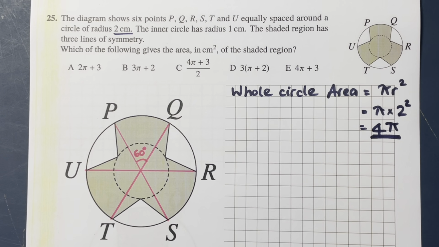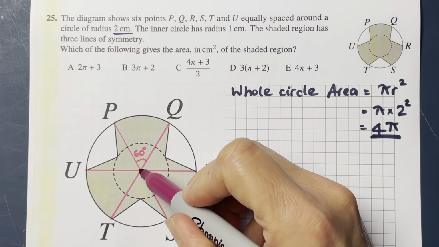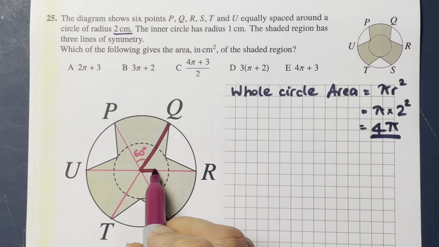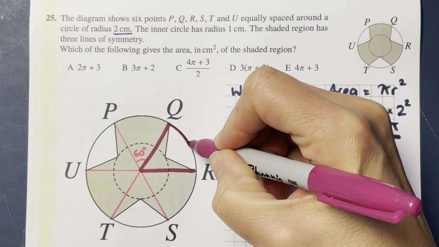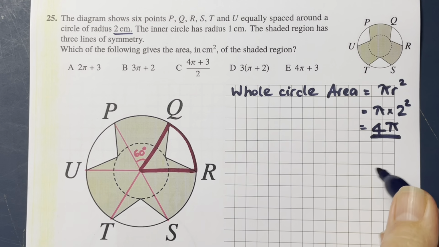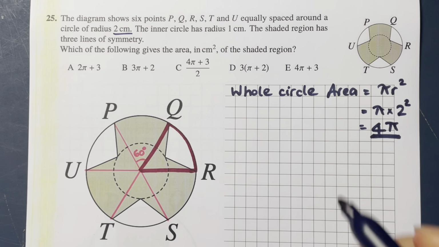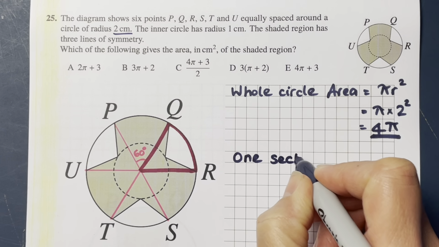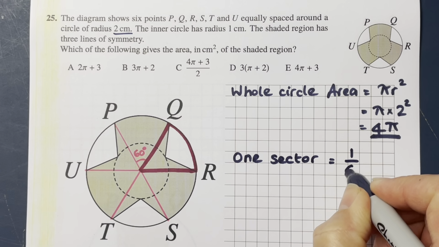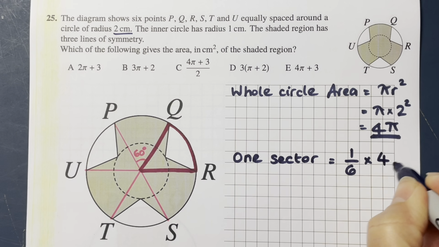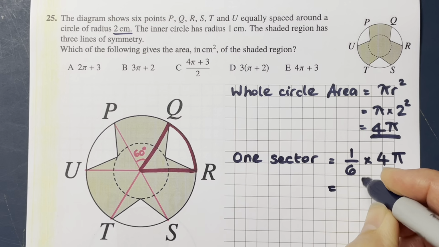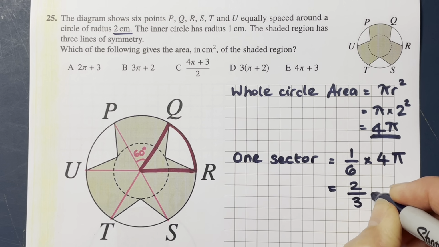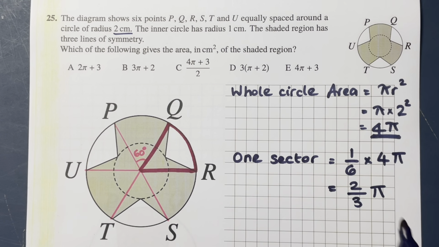So if I know that the area is 4 pi, I know that one of my sectors, which is 1/6 of my circle, is going to be 1/6 of 4 pi. So one sector is 1/6 of 4 pi, which we can simplify down to 2/3 of pi, or 2 pi over 3.